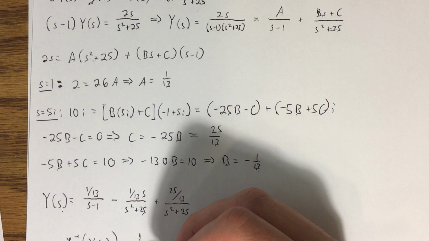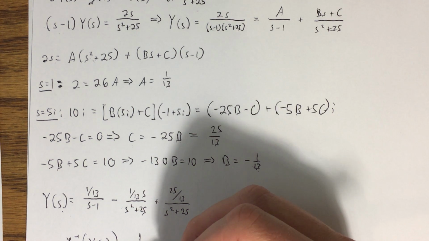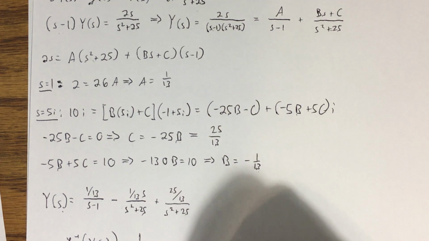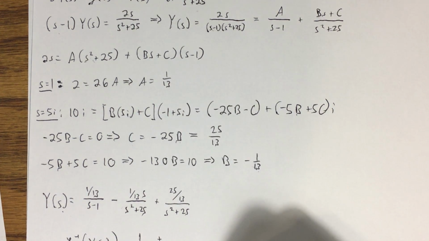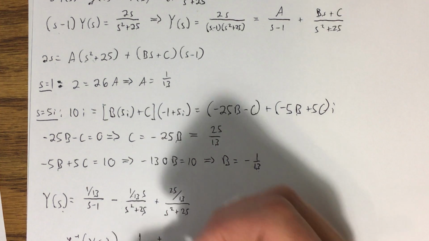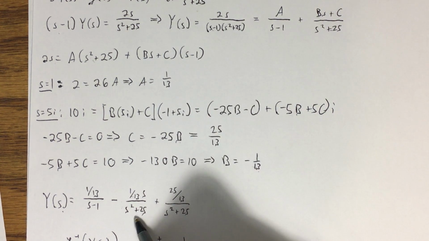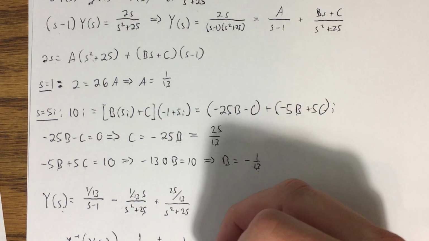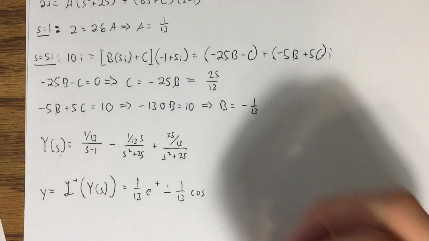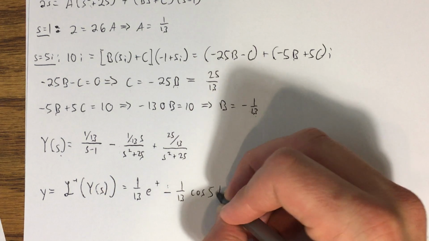Where did I write my solution here? Oh, I'm on this one. Yeah, 1/13 e to the t. Here I can pull a negative 1/13 out, so that's minus 1/13 times s over s squared plus 25, which from our table will give us cosine of 5t.